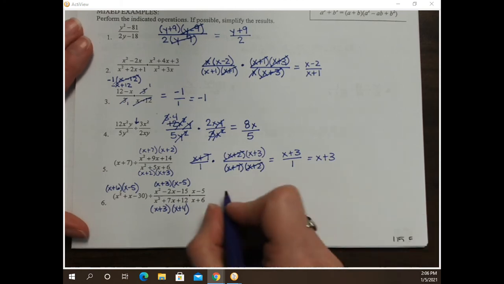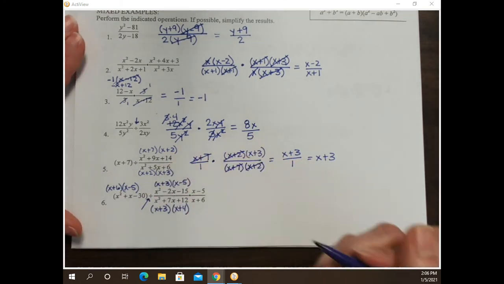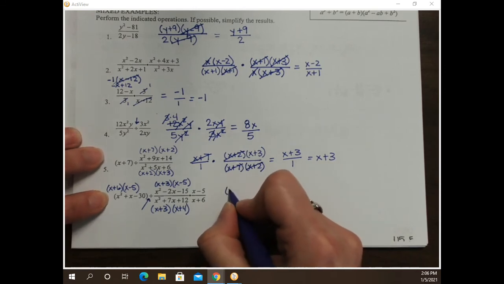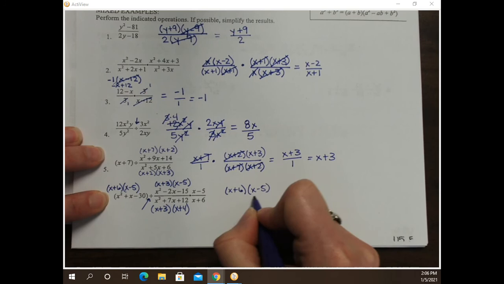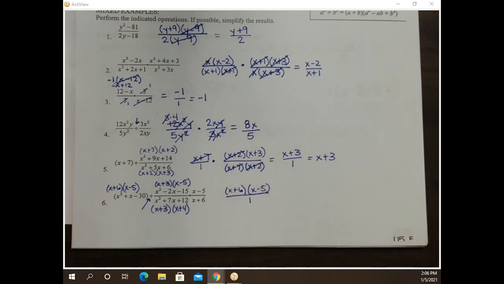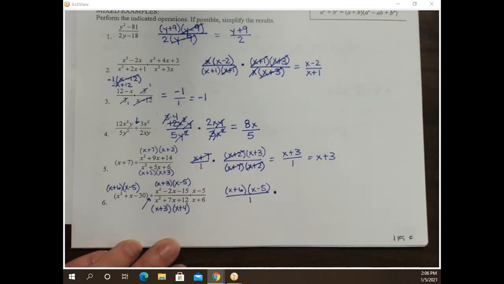I'm going to rewrite this over here because, again, we have that division. We're going to have to flip this middle term. So I get x plus 6 times x minus 5. And I like it to look like a fraction, so I'm going to write that as over 1. And then I want to multiply by the reciprocal of this middle term.